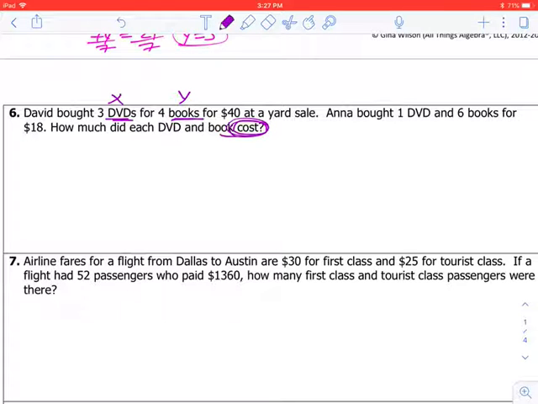So our two equations are David and Anna. David bought 3 DVDs and 4 books for $40. So that's 3x plus 4y equals 40. And then Anna bought 1 DVD and 6 books, so 1x plus 6y equals 18.